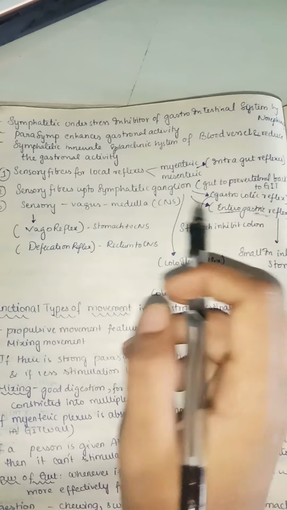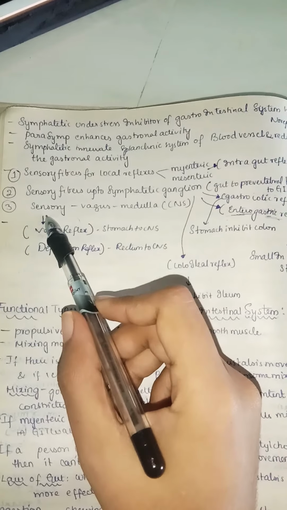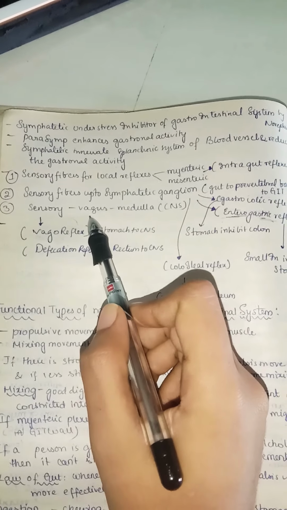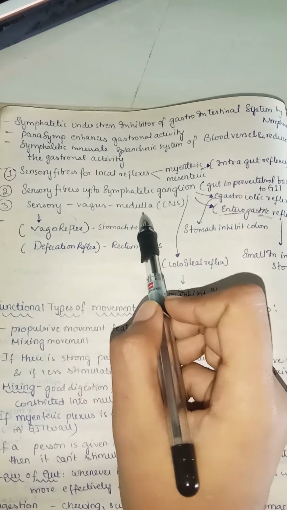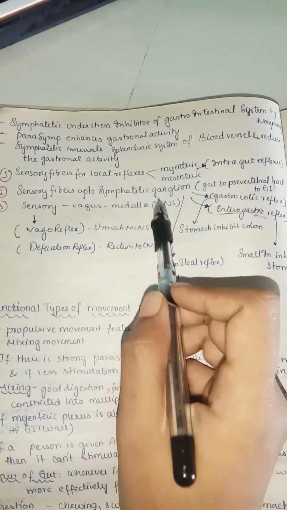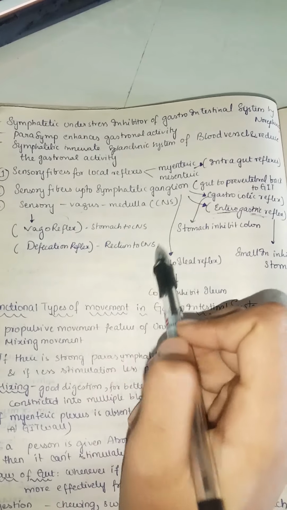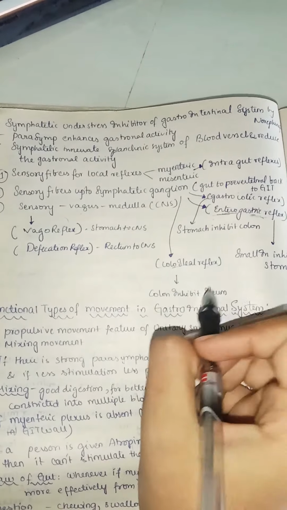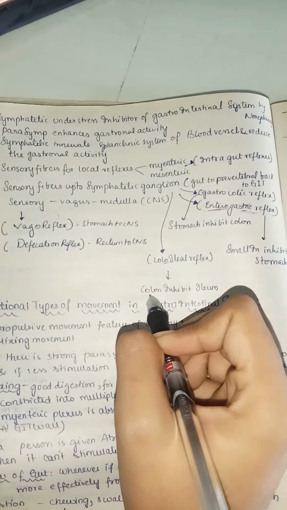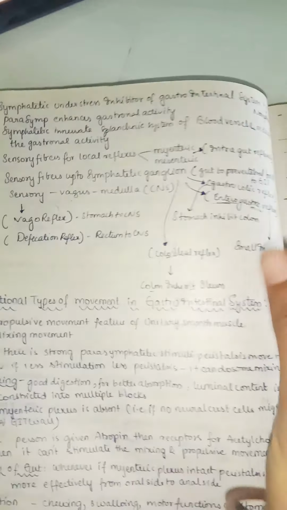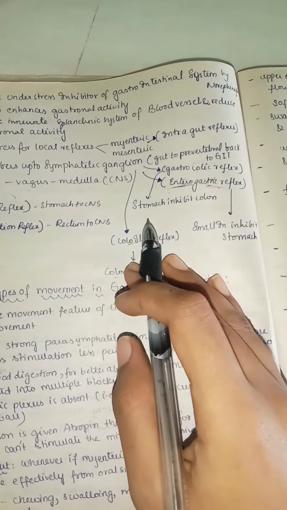So like that, there are different types of reflexes. The sensory system gives to the vagus and medulla, CNS. The sensory fibers of the sympathetic ganglion also give the coloileal reflex. Here, the colon inhibits the ileum. I have written it all here, you can see that.